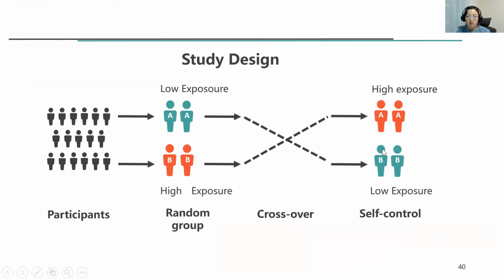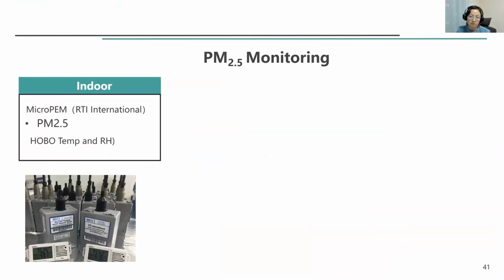And also, this intervention was done on the weekend. That means everybody was staying in dormitories for 2 days. They can have normal activities, but almost 80% of the time they are required to stay indoors.